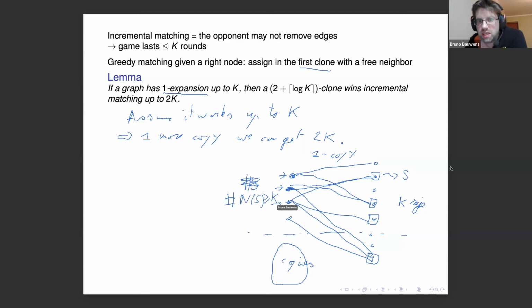And all these neighbors, they have a match in the first copy. So the moment that we reject K nodes, we must already have assigned at least K nodes in the first copy. So conclusion, the number of matches assigned in the first copy is at least the number of matches assigned in the other copies. And that gives us the inductive proof of the inductive statement.